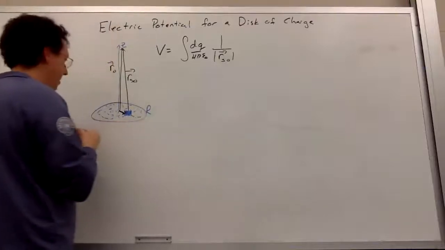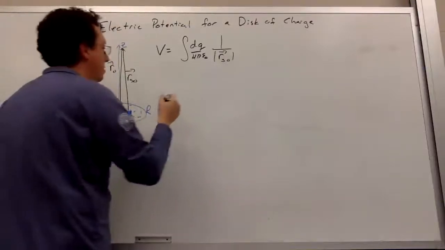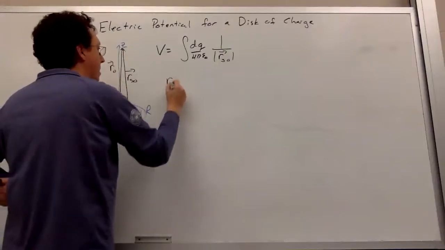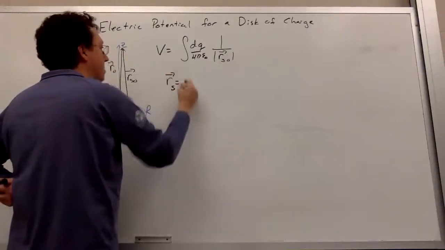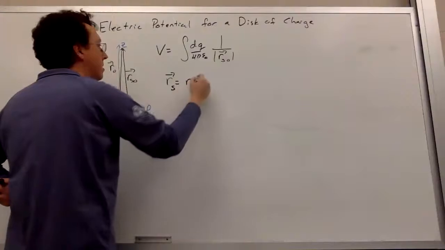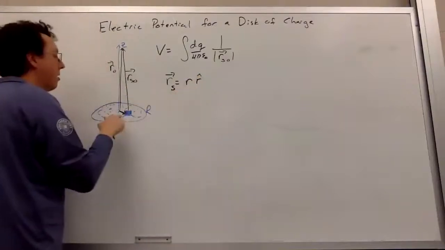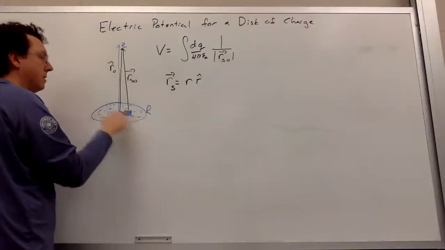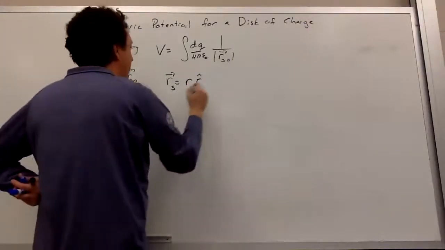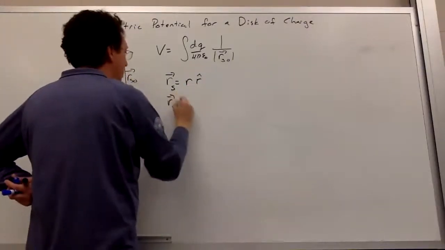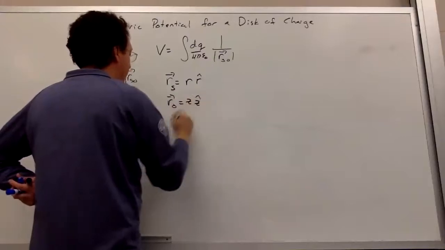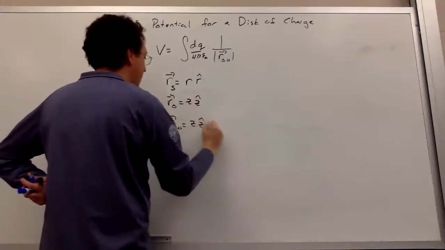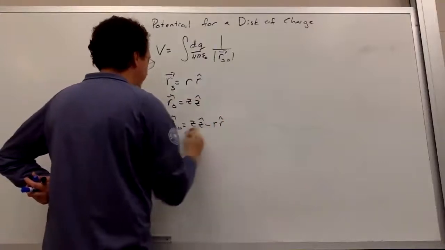Or if we want to be a little more formal, we could write r_S vector as little r, r hat, not big R, because this postage stamp doesn't live all the way on the edge of the ring, it lives in the middle. I would have r_O as z hat, and r_SO would be z hat minus r r hat.